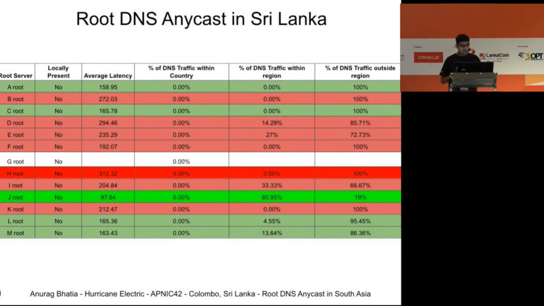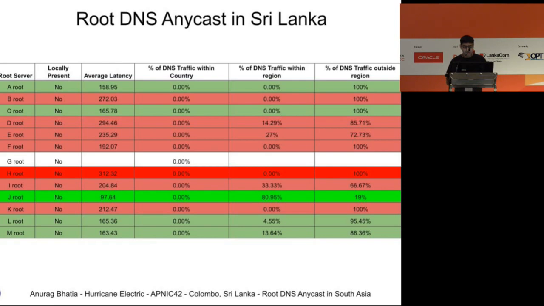Data in Sri Lanka. So in Sri Lanka, there was no root server present at the time of the study, as well as till now. And the only root server which showed less than 100 millisecond latency was the J root server. And it seems like Sri Lanka is hitting J root in India, somewhere in Mumbai, and latency was less than 100 milliseconds.